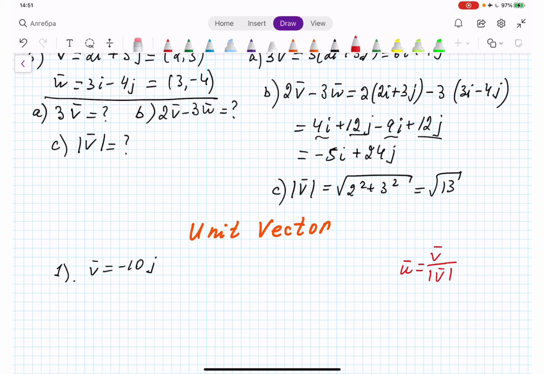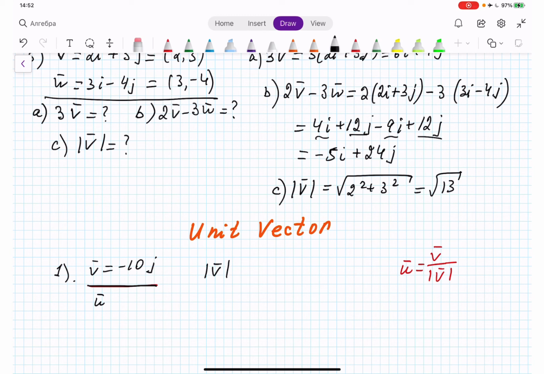Okay, v is equal to negative 10j. So we need to find the unit vector. Okay, to find the unit vector, we need to know, first of all, the magnitude.